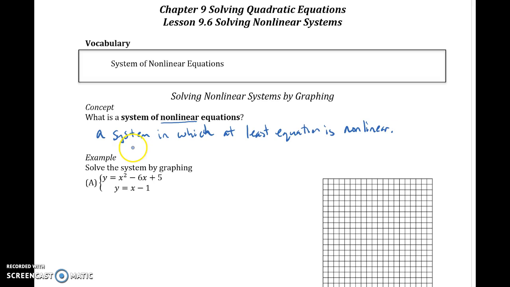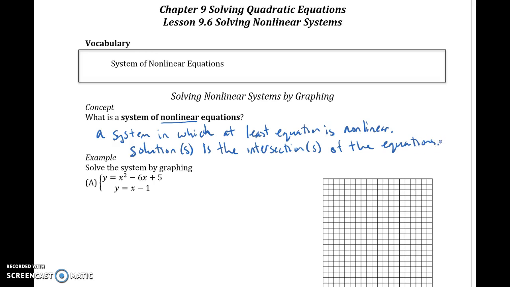And remember from before, the solution or solutions, depending on how many there are in the problem, is the intersection of the functions. So it could be one, it could be multiple, or none.